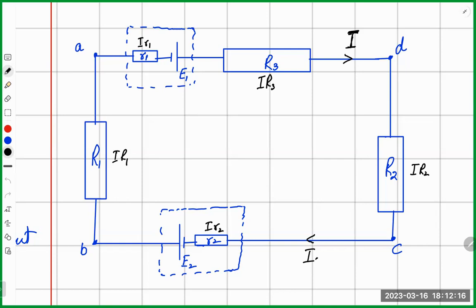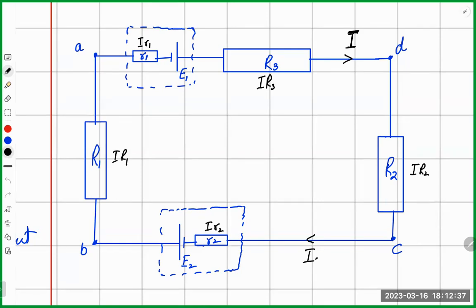There are two EMFs. When we look at the EMFs, they are trying to produce current in the same direction, so they are actually in favor of one another. So total EMF produced in this loop will be E1 plus E2, because they both are producing EMF in the same direction. They're supporting one another.